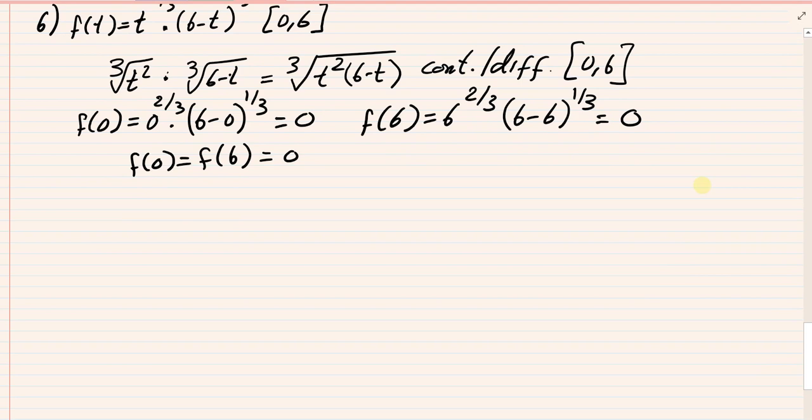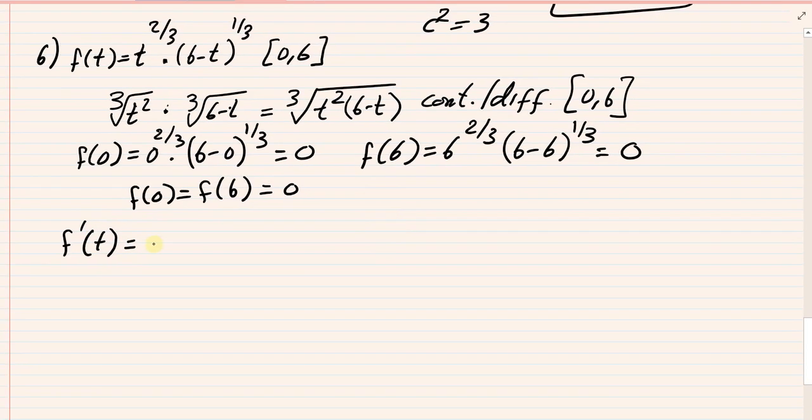Now we need to find the c so that the slope of the tangent is 0. Again, the secant line for Rolle's Theorem is a horizontal line. f prime at c equals 0. So we need to find f prime of t.